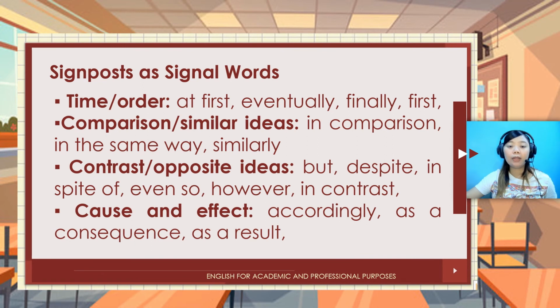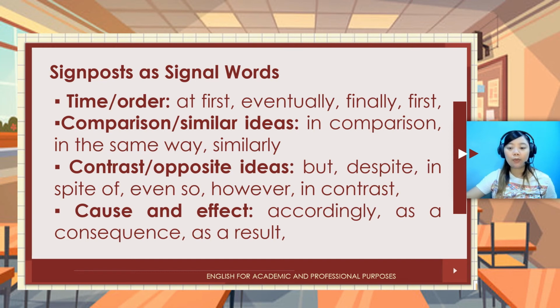Here are the common signposts, or signal words. For time and order, we have at first, eventually, finally, first. For comparison, or similar ideas, we have in comparison, in the same way, and similarly. For contrast, or opposite ideas, we have but, despite, in spite of, even so, however, in contrast.